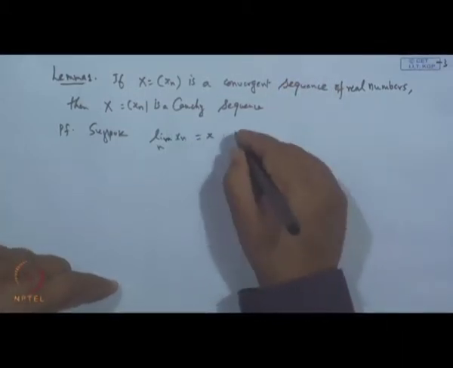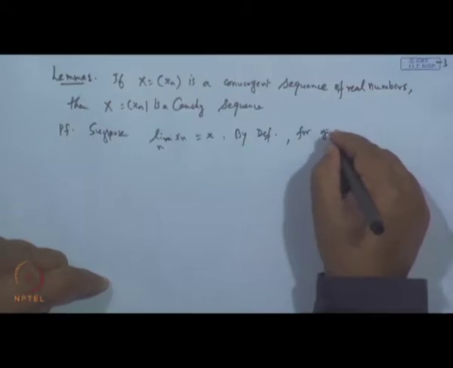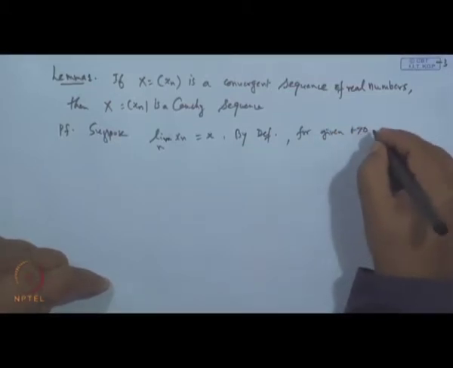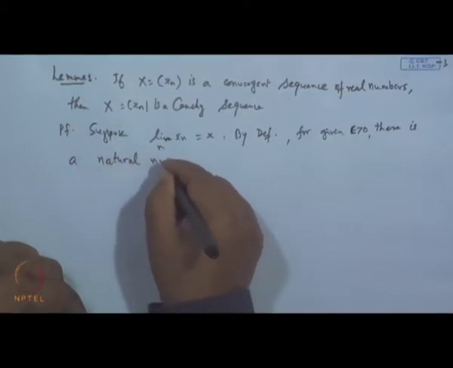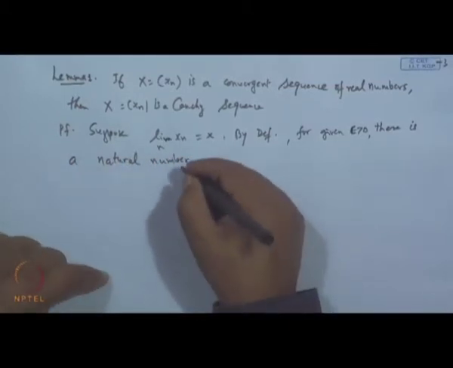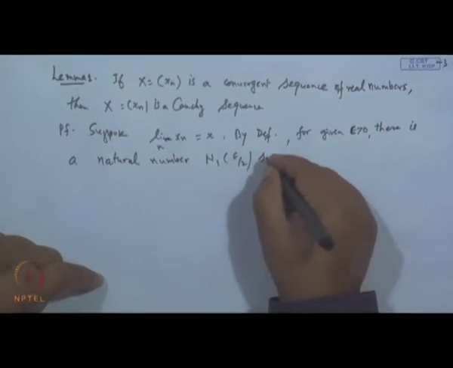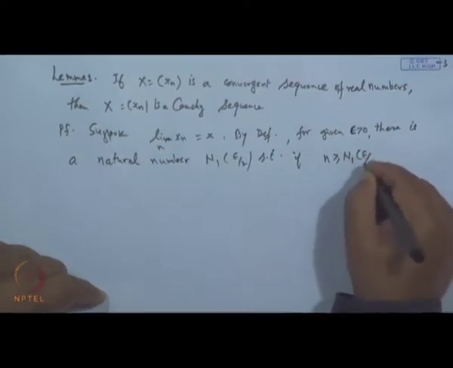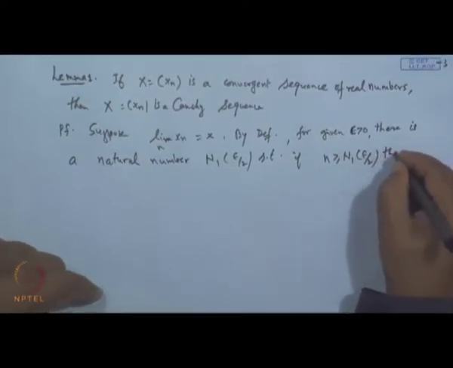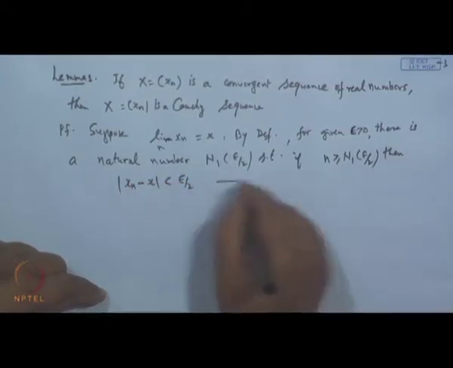Then by definition of the limit, for given epsilon greater than 0, there is a natural number, say n 1, which depends on epsilon by 2, such that if we take n greater than or equal to n 1, then mod of x n minus x is less than epsilon by 2. Let it be 1.